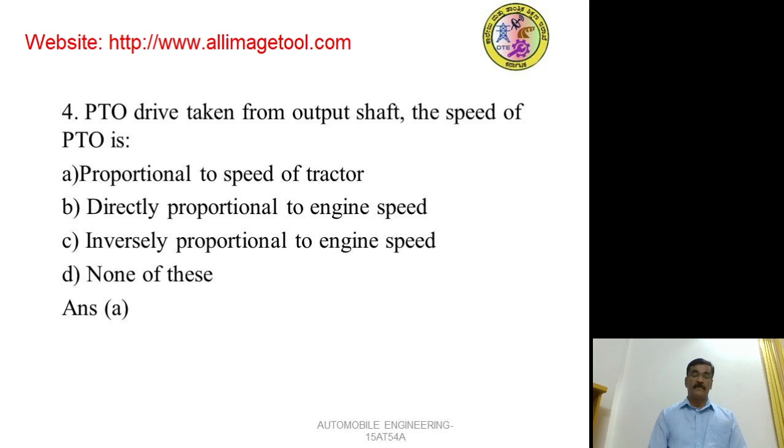Question number 4. PTO drive taken from output shaft. The speed of PTO is option A, proportional to speed of tractor, B, directly proportional to engine speed, C, inversely proportional to engine speed, D, none of these.